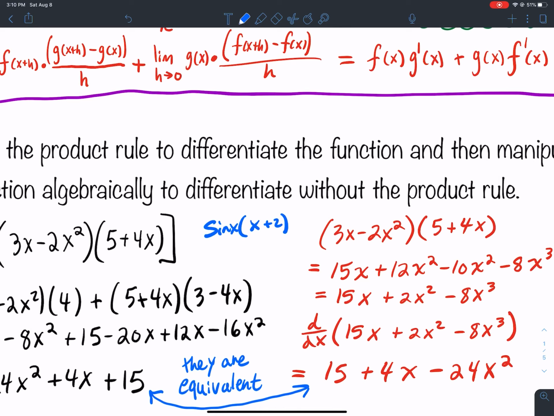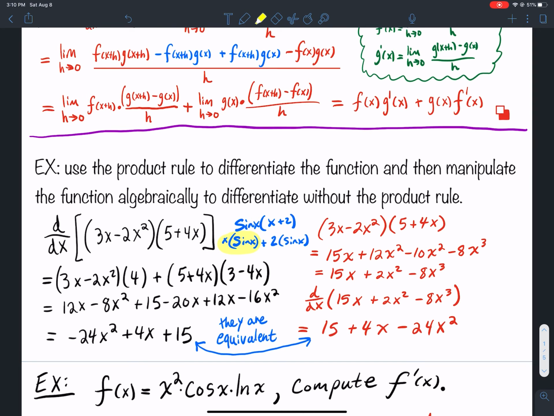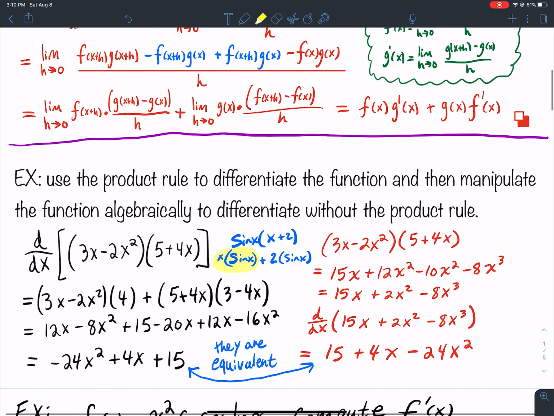So even if you multiply that out, that's sine x multiplied by x, plus 2 multiplied by sine x. So you still are forced to do a product rule there even after you distribute everything. So even though you multiply it out, you still can't get around having to do the product rule. So you really have to know the product rule to keep going further in this.